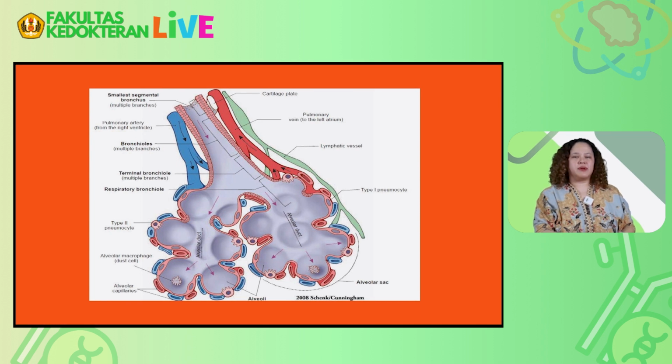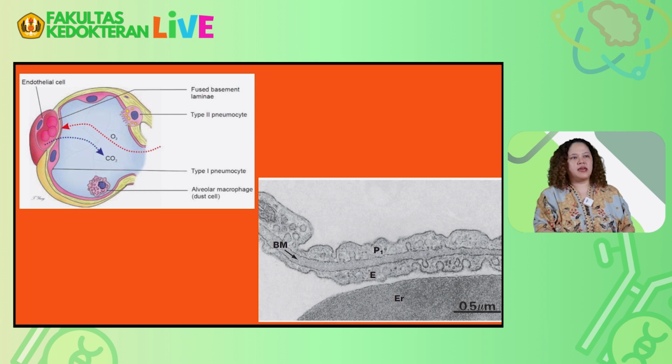And the barrier is permeable to molecular oxygen, carbon dioxide, carbon monoxide, and other gases. Here, this diagram shows the site of gas exchange, as I mentioned before, and the right part is the electron micrograph, to compare the red blood cells and the membranes themselves.